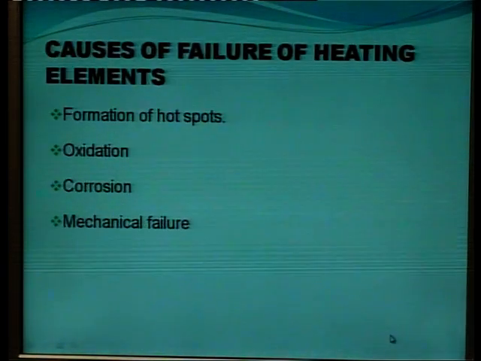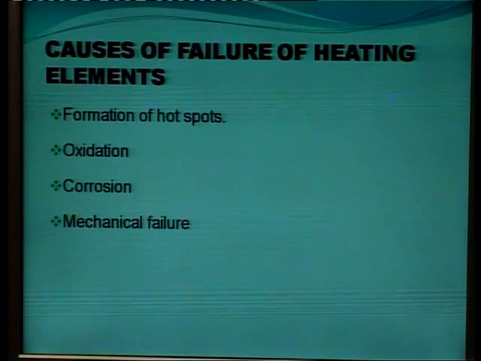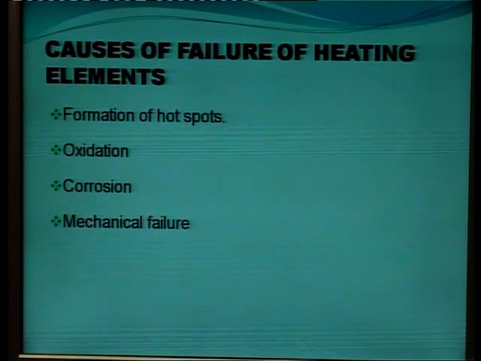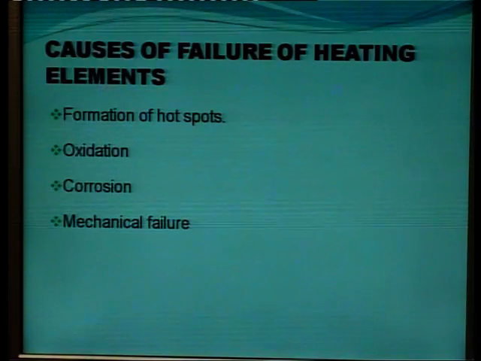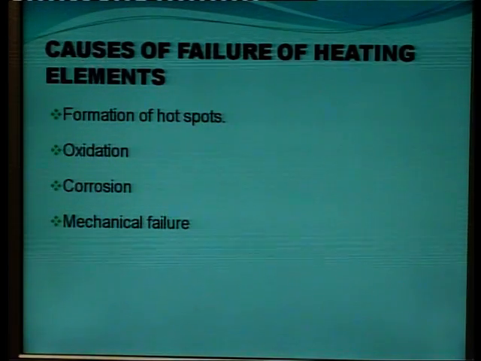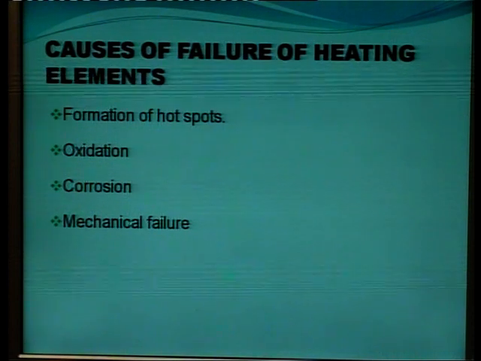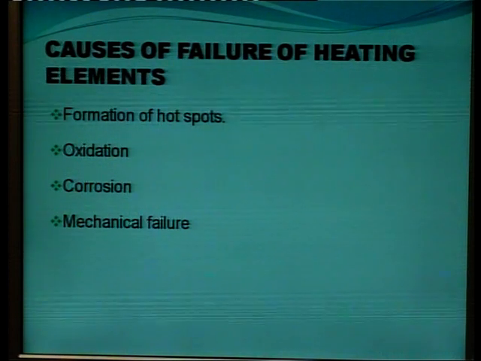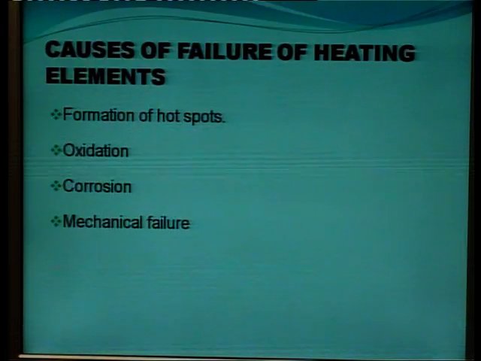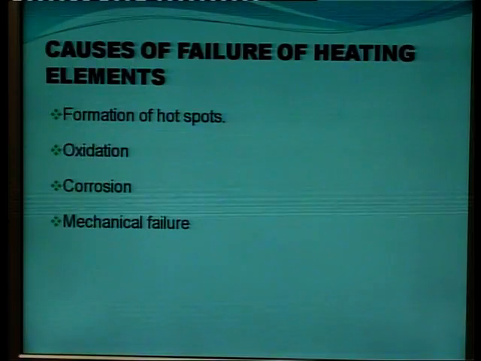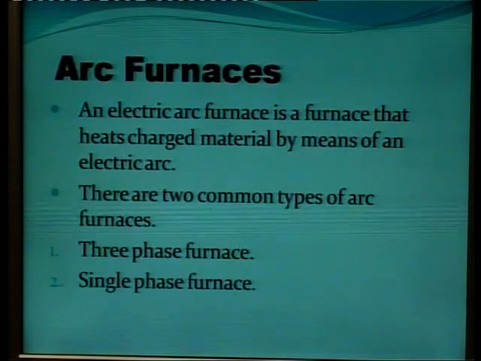Now, there are some causes of failure of heating elements, and these main causes are: the formation of hot spots causes the failure of heating element because of oxidation, there may be corrosion, and there may be a mechanical failure by which the heating element fails.